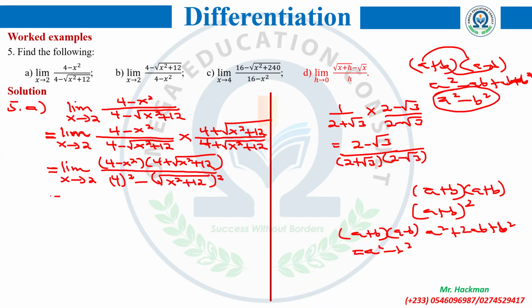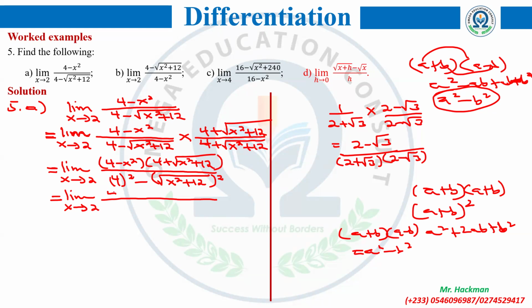So this will be equal to, remember, the numerator, no matter what the spirit tells you, don't expand. So x approaches 2. The numerator will be kept intact.